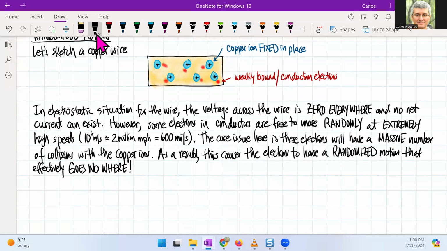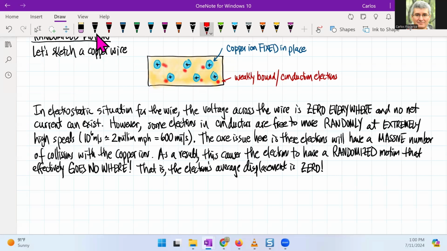It goes nowhere. That is, the electron's average displacement is 0. That's what I mean when it says it goes nowhere.